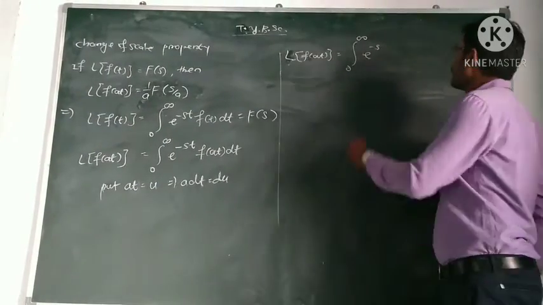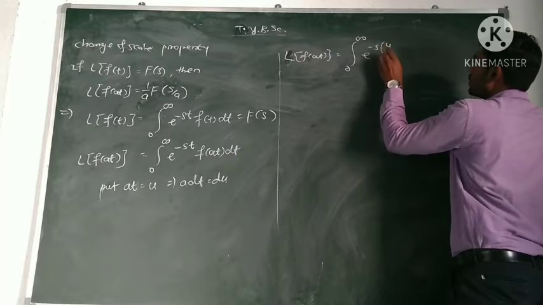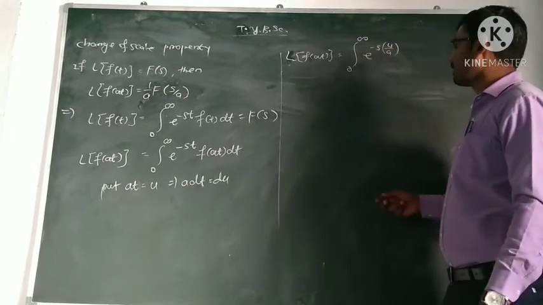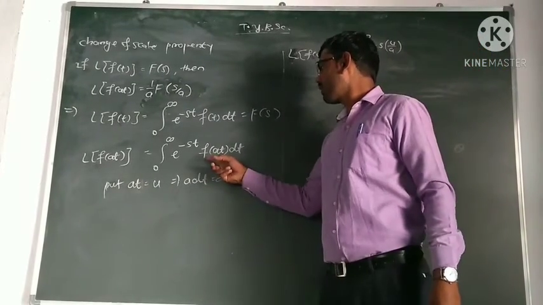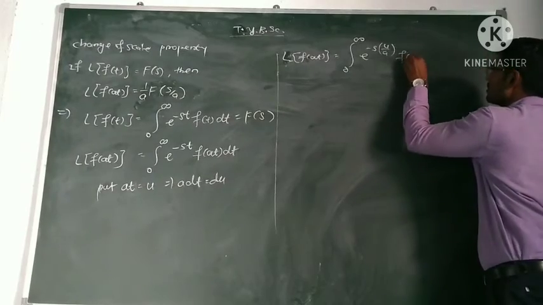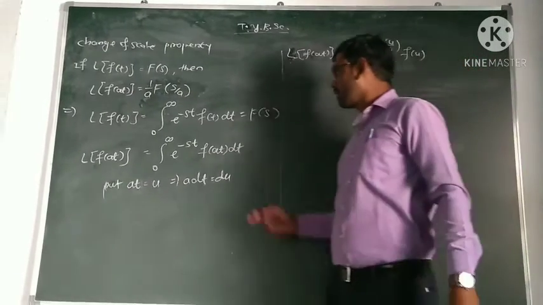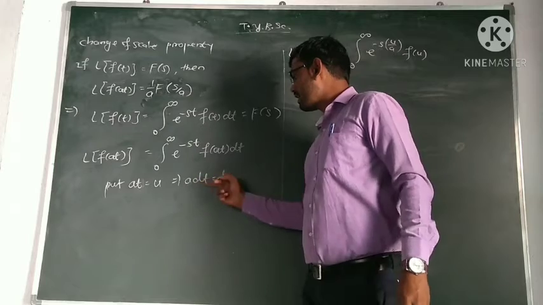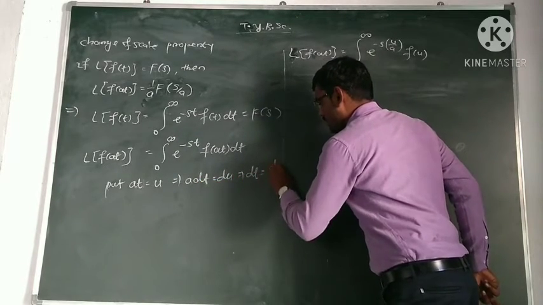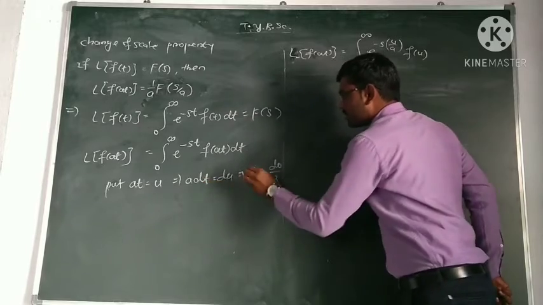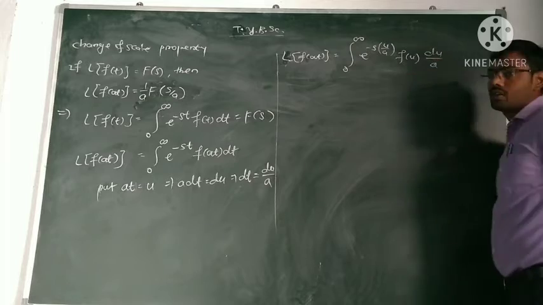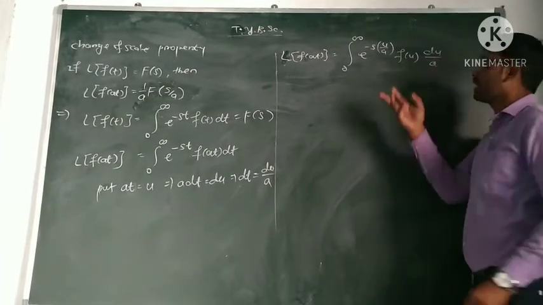So put the value of t: s into u upon a, into f of at. At is equal to u, so f of u, and dt: a into dt is equal to du. This implies dt is equal to du upon a. So here 1 upon a is constant, we can take it outside the integration.